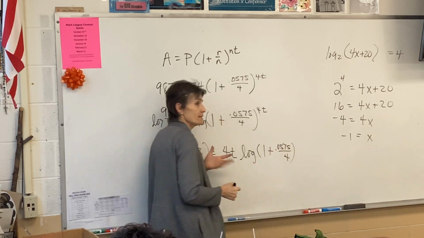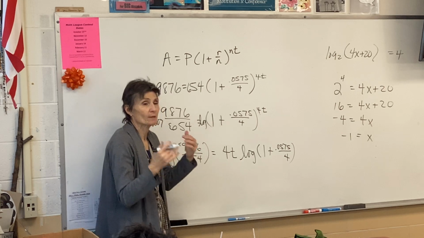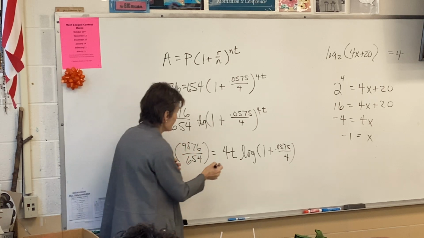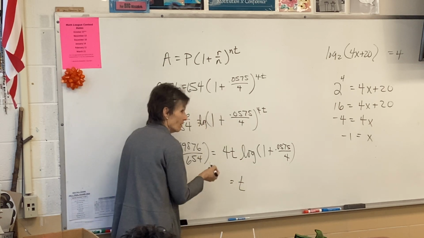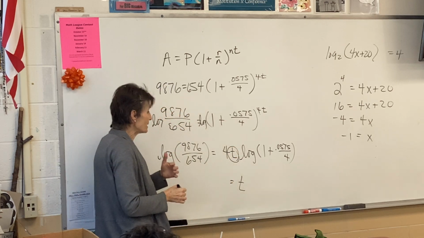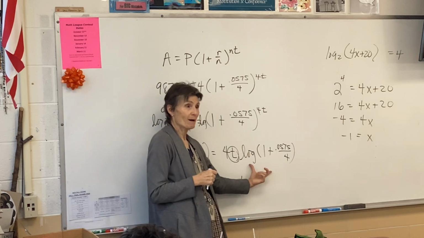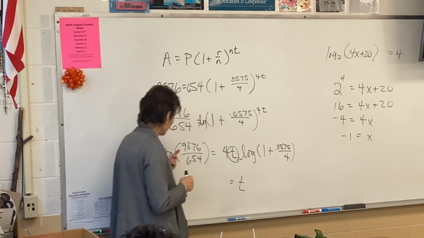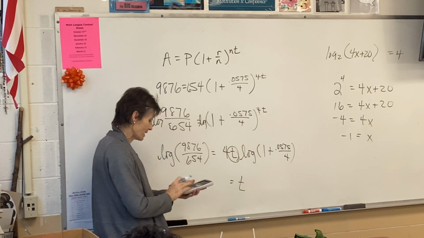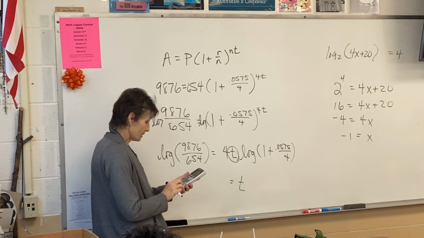I know it's ugly, but I'm not fearful at all. I know exactly what I need to do. I need to get this by itself, right here, which means I'm going to have to divide by 4 and divide by that. So I'm going to figure out what this is, type that in on my calculator: log 9876 divided by 654.